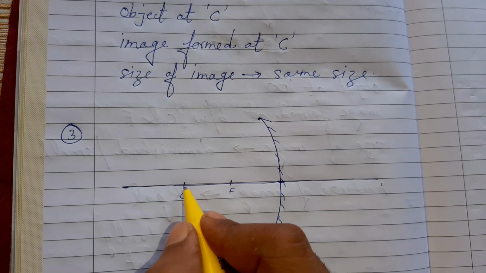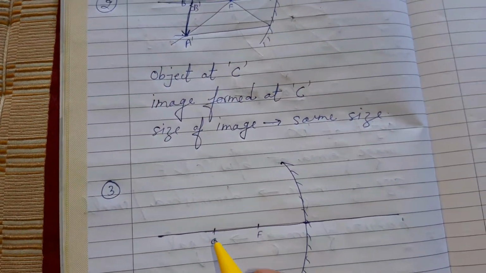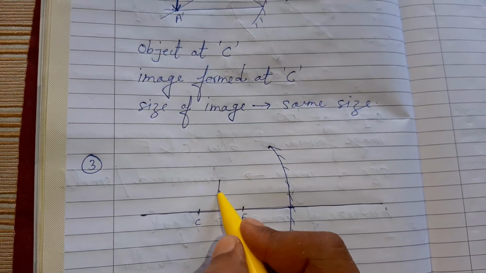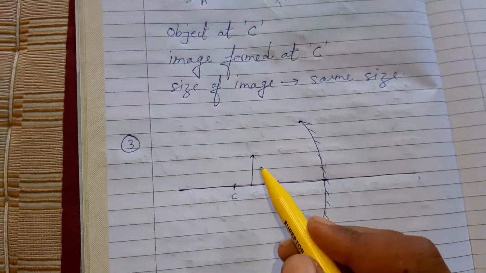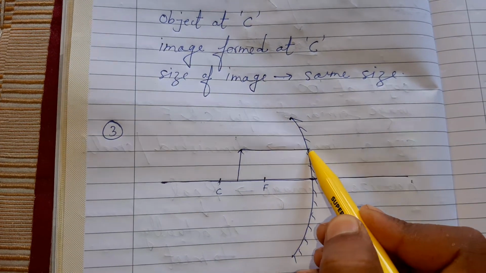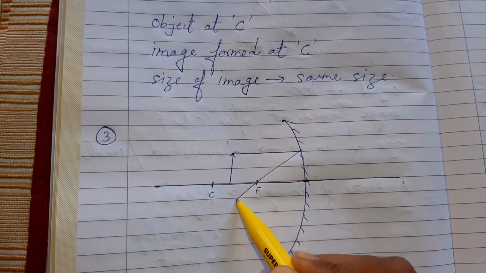In the previous diagram the object was at C, and in this diagram the object is between C and F. Here is the object. A ray of light falling on this surface, after reflection goes in this direction.